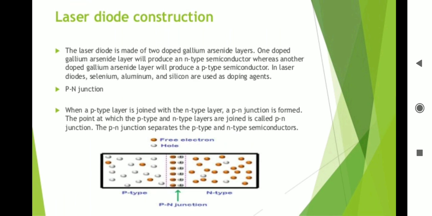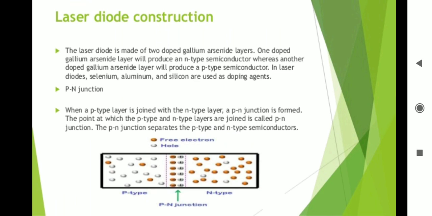This phenomenon is referred to as stimulated emission and forms the basis of working for laser: light amplification by stimulated emission of radiation. Further, if this event occurs in a PN junction, then the diode is referred to as a laser diode.